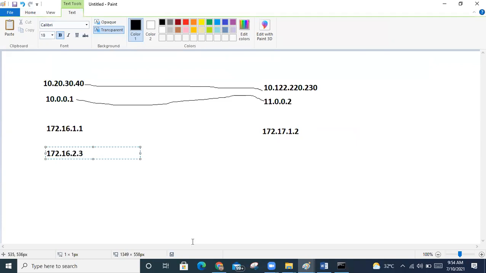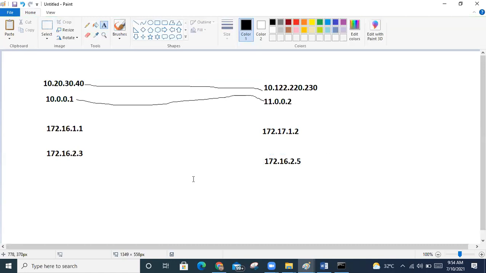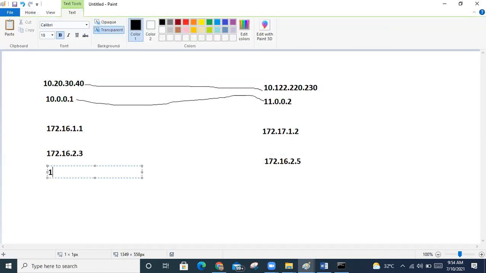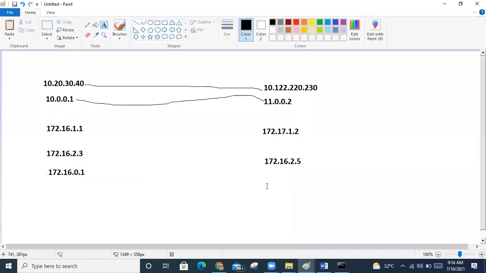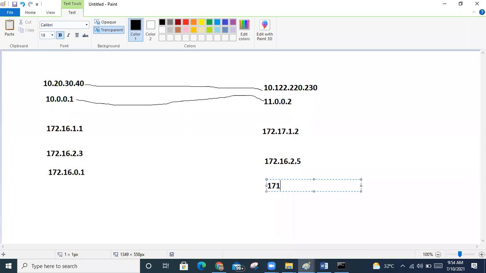172.16.2.3 and 172.16.2.5. Will it communicate or not? Communicates. Next, 172.16.0.1 and 21.16.0.2.